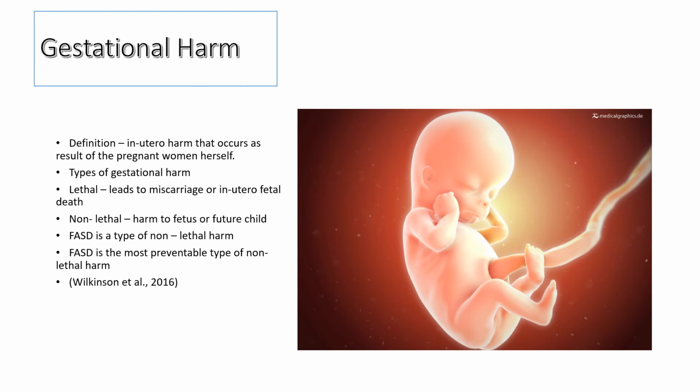Non-lethal, harm to the fetus or future child. Fetal alcohol spectrum disorder is a type of non-lethal gestational harm, and it is the most preventable type of non-lethal gestational harm. This is in reference to Wilkinson et al.